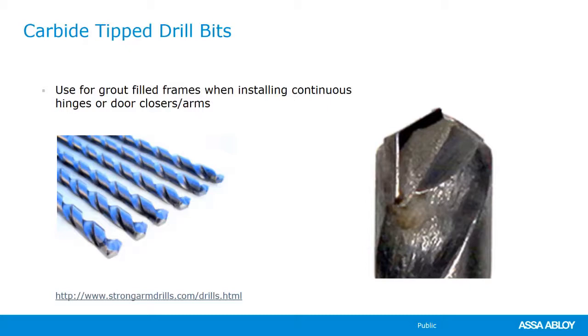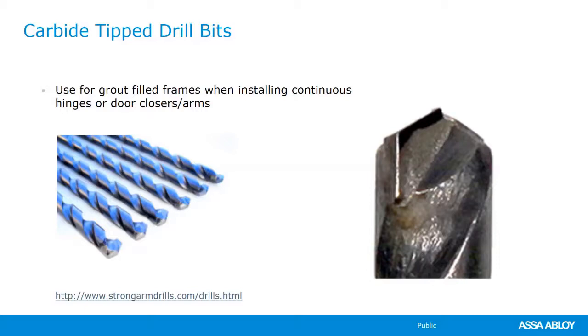If you're going through essentially concrete, then that bit's not going to last very long. So I started using these carbide tipped drill bits from Strong Arm Drills, and I just mentioned the company because I really like their bits. They make them all the way down to an 1/8 inch diameter. I think they go all the way up to 3/8 inch of diameter, and they make them in various different lengths.